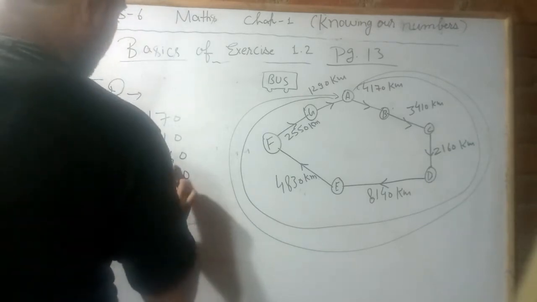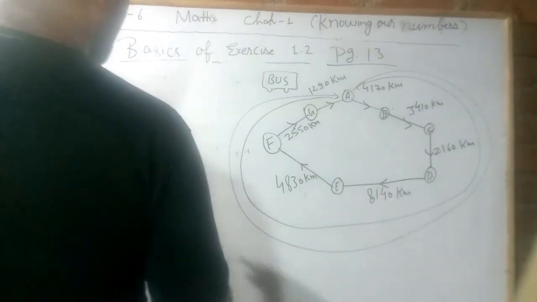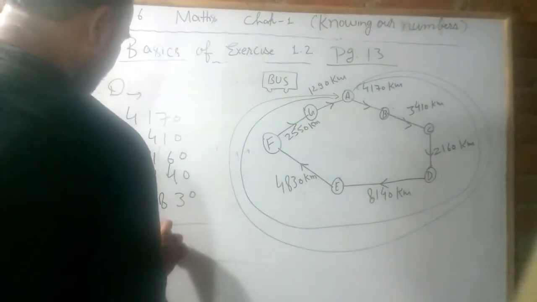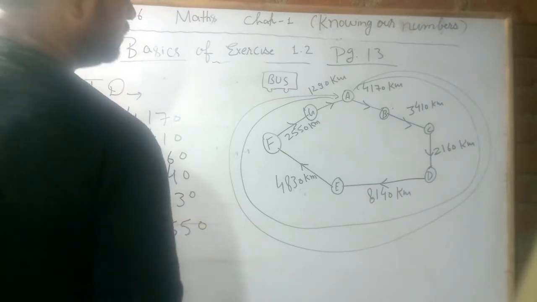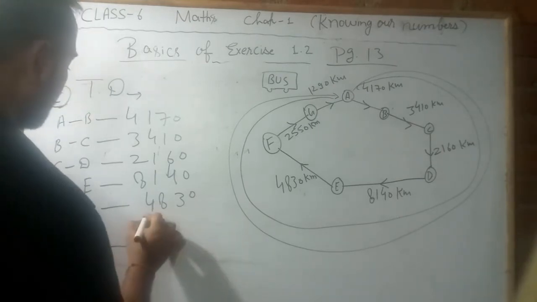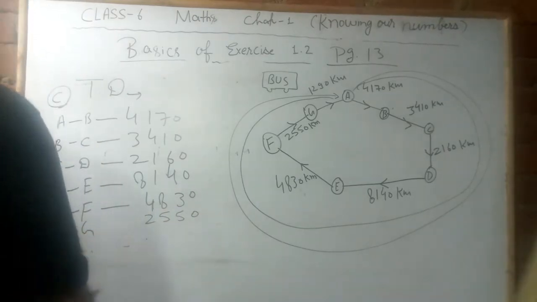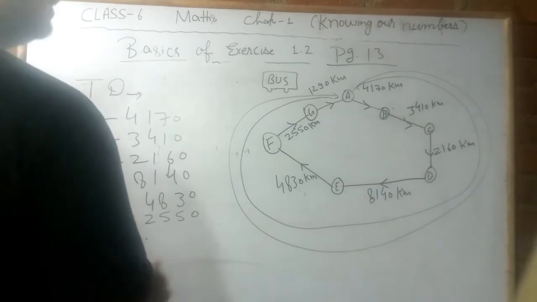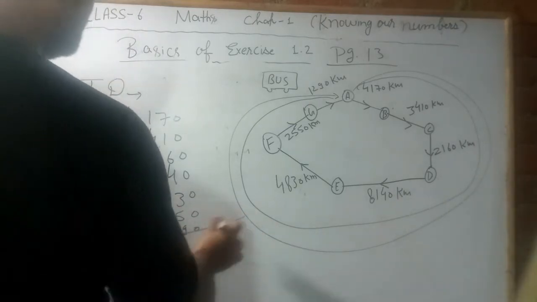Now F to G, 2,550. And the last one, G to A, 1,290. Now I am writing the answer over here.